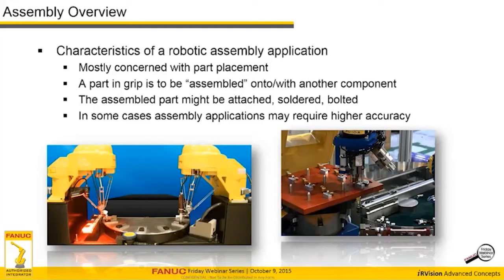Think about that. We certainly can do an assembly where both the part that's to be picked and the part that's to be assembled are all hard fixtured, and all you have to do is blind pick the part and blindly put the part into the assembly.